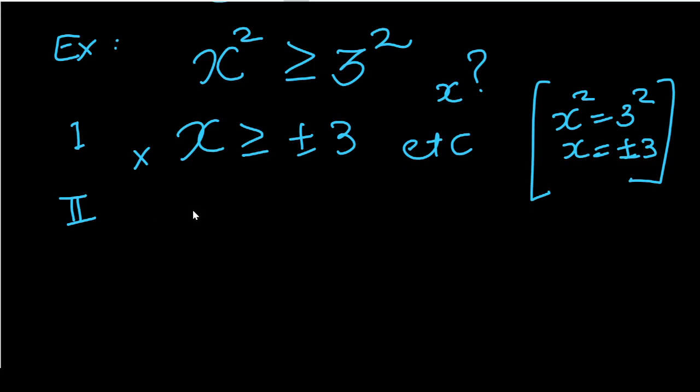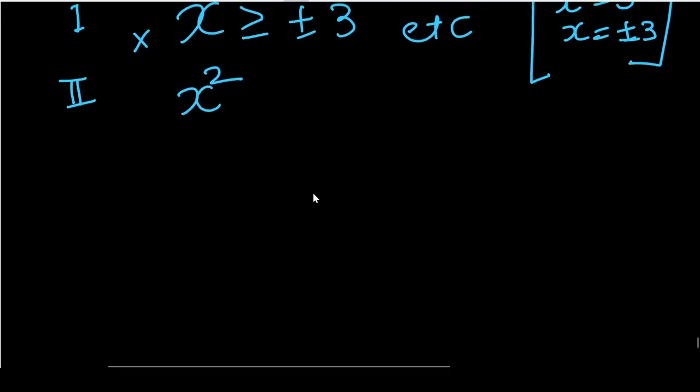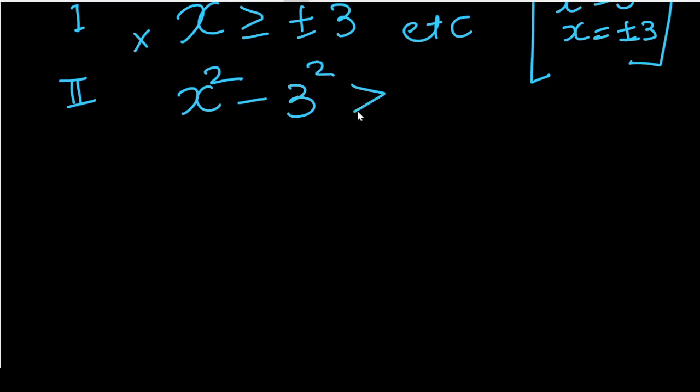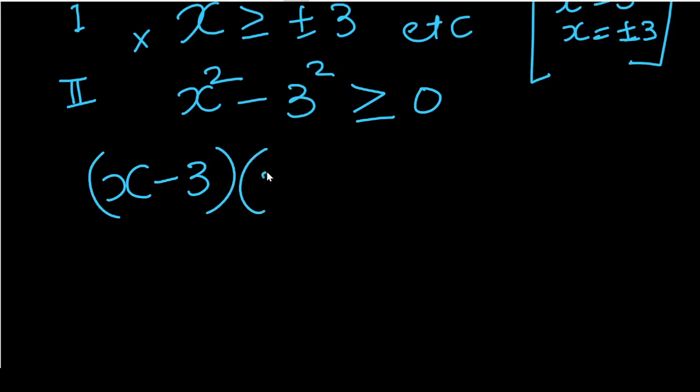So the correct approach would be, guys, since it's a quadratic, we will take 3 square from the right-hand side to the LHS, where it becomes minus 3 square. Now factorizing it, x minus 3 and x plus 3 using a square minus b square, greater than or equal to 0.